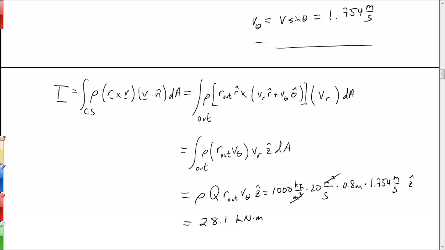Of course, the only component we're worried about is the torque in the z hat direction. So now we can take the scalar value of torque as 28.1 kilonewton meters. And I'll leave it to you to figure out what the power is, the rate at which work is being done on or from the stator, on your own.